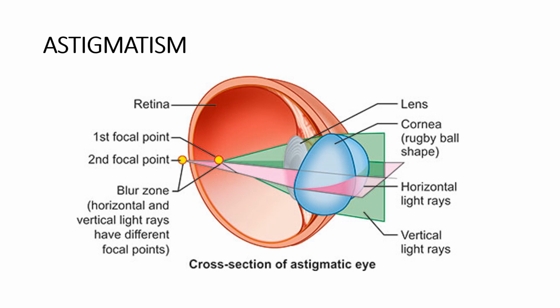So just to demonstrate what happens here, horizontal light rays fall into the eye and focus at one spot, and then the vertical rays of light, parallel rays of light that go through the more curved part of the cornea, focus in front of the retina.